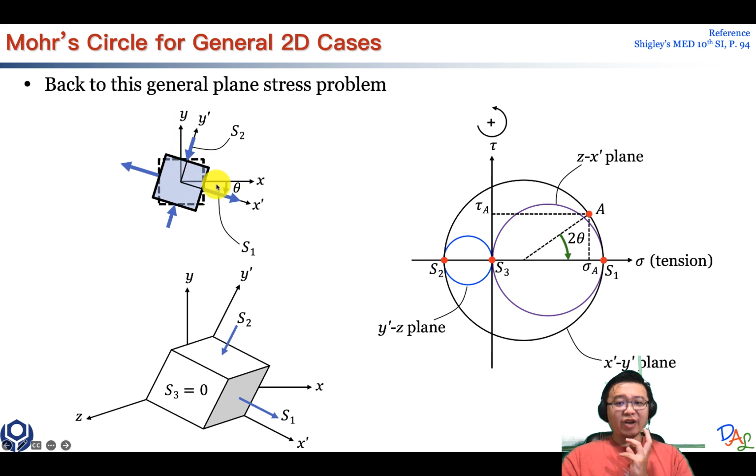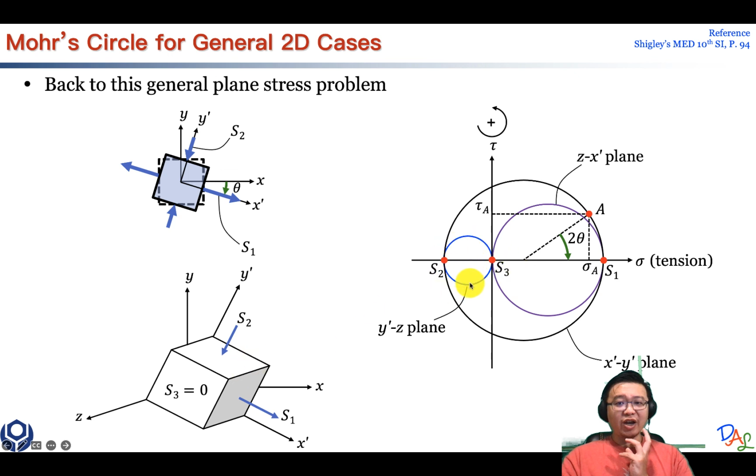If we focus on the XY plane, we have a Mohr circle this big. But the other 2 planes also have Mohr circles, smaller ones. In this case, because there's no stress along the third direction, the third principal stress is 0. That's why the other 2 Mohr circles look like this.